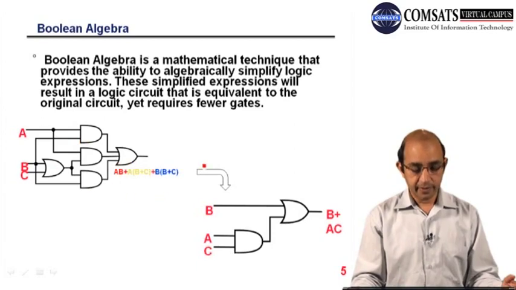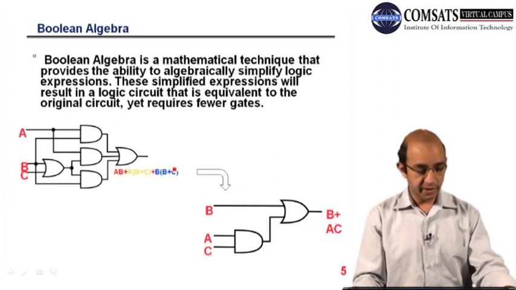We can implement the same functionality by using fewer gates. Here we have used those axioms and rules of Boolean algebra, and I have simplified it and am using only 2 gates. You can see that this and this functionality are equivalent.